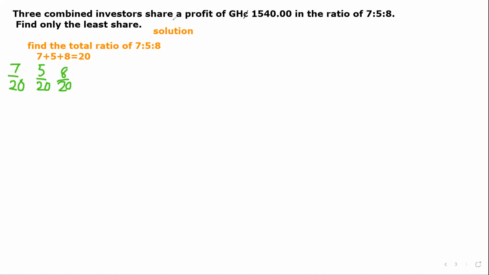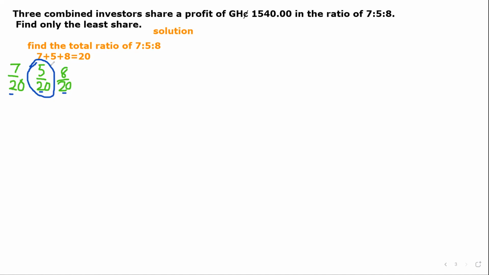So based on the comparisons, it is obvious that since the denominators are 20, 20, 20 here, the one having the bigger numerator is greater. So the smaller fraction here will be the 5 out of 20, which is the smallest one because the 8 and 7 are bigger than 5.